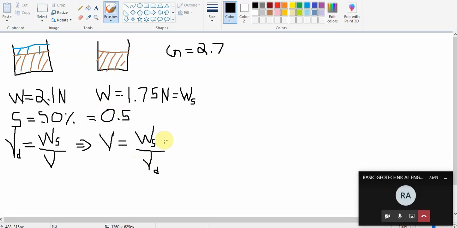Now weight of solids is given, but we don't know the value of dry unit weight. So we have to calculate the value of dry unit weight.